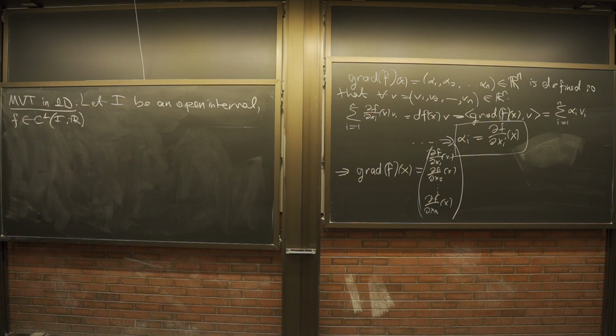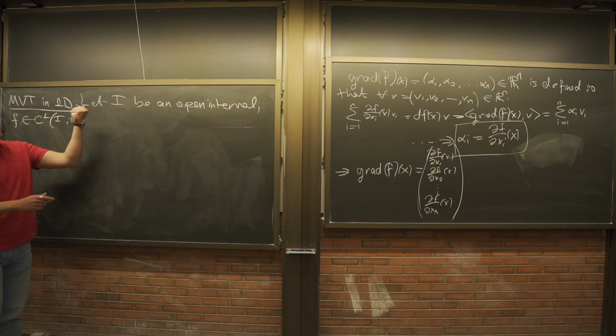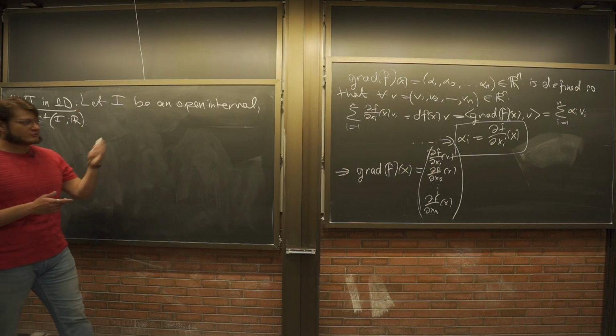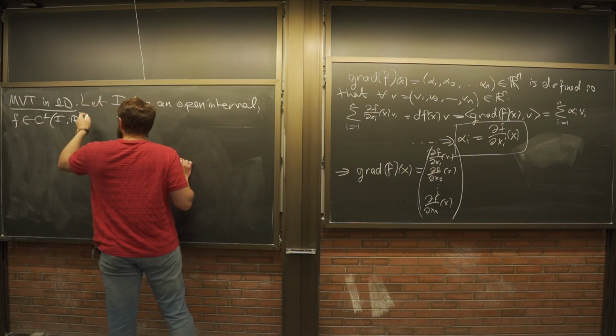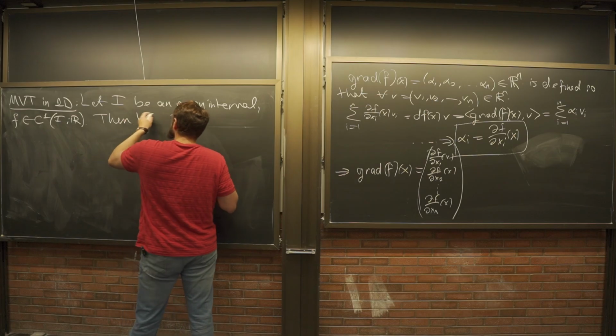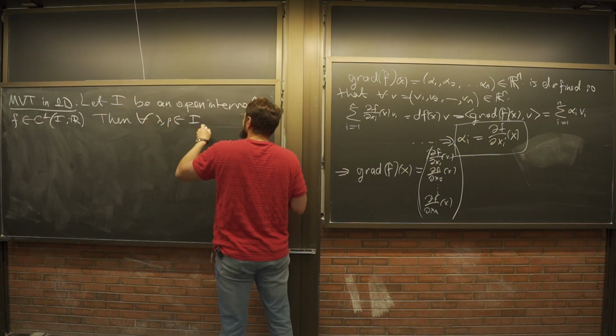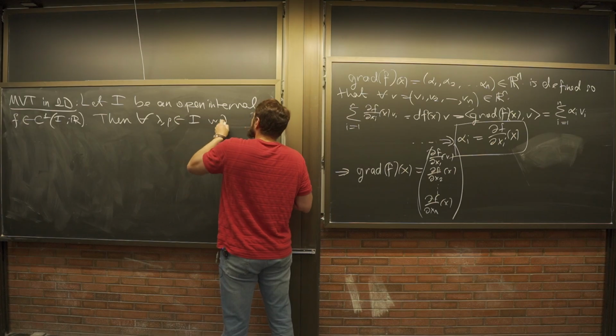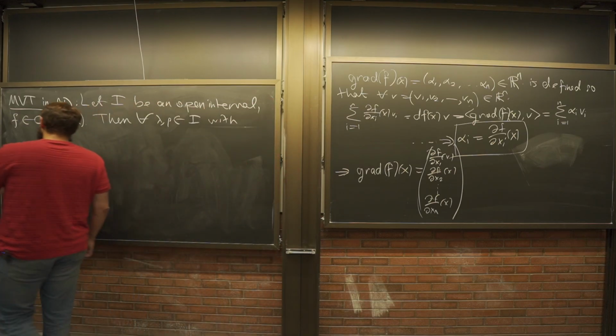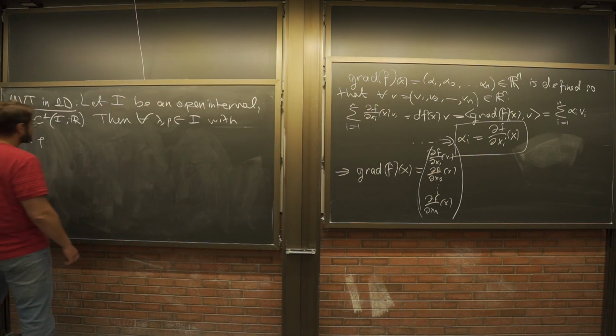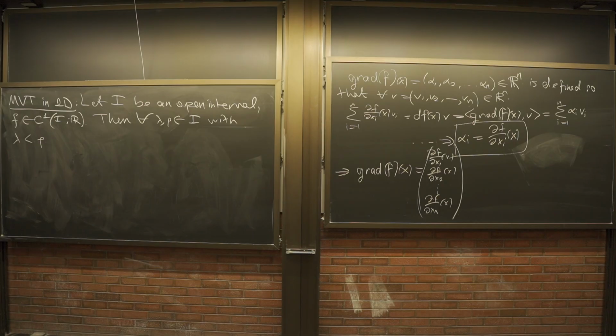Then, well, for any lambda and rho in I, with lambda to the left of rho, what does it say?